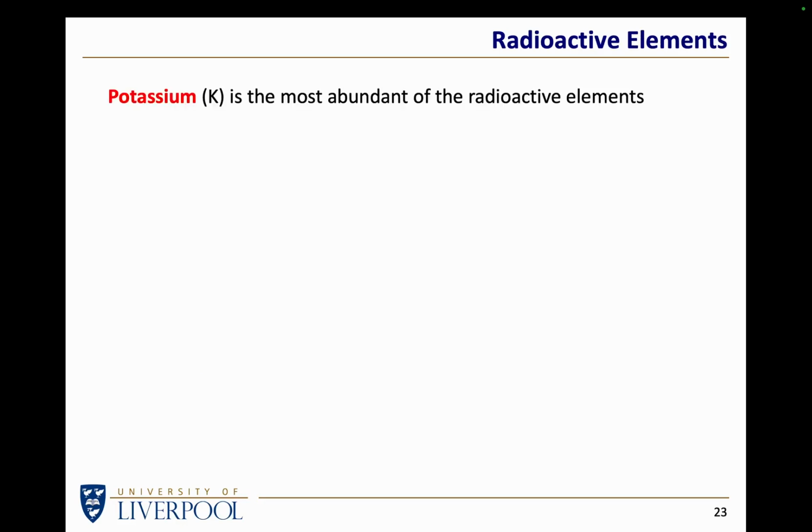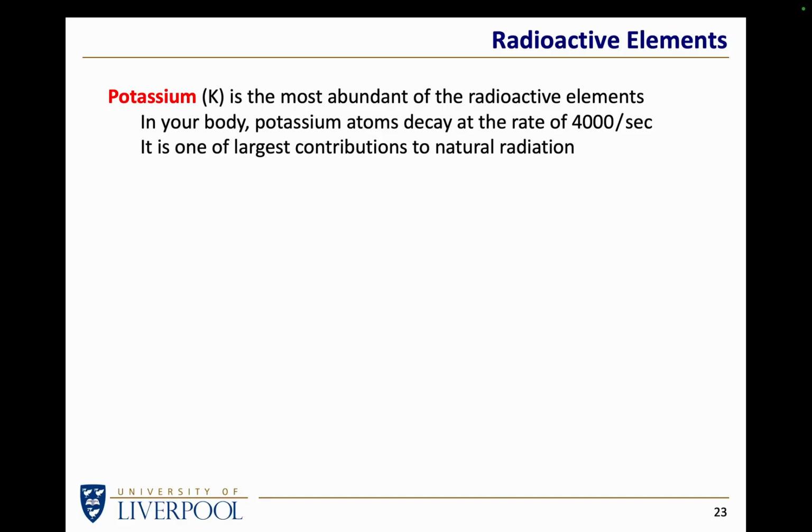In terms of the most likely radioactive elements you're ever going to come across, it's perhaps surprising to realize that one of them is probably one you've already heard of, potassium. Your body contains a fair bit of potassium, and potassium is actually one of the most abundant of the radioactive elements. There's a lot of it in your body, simply because it's part of the essential workings of life.